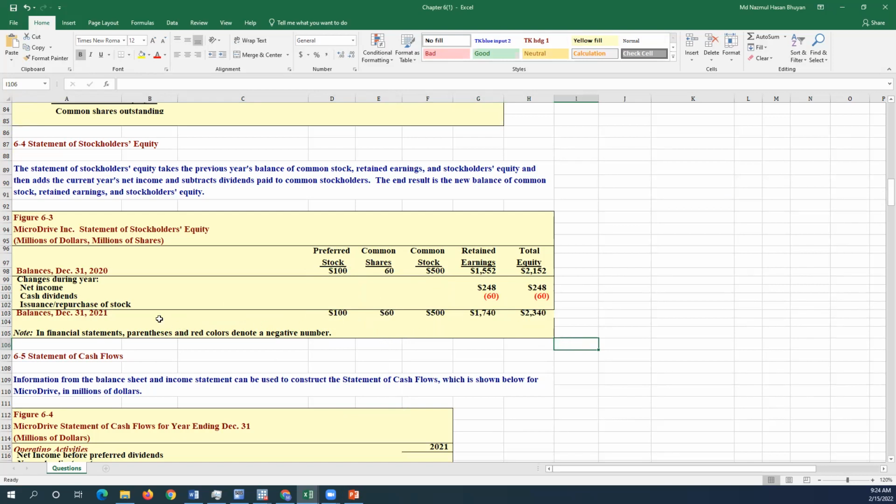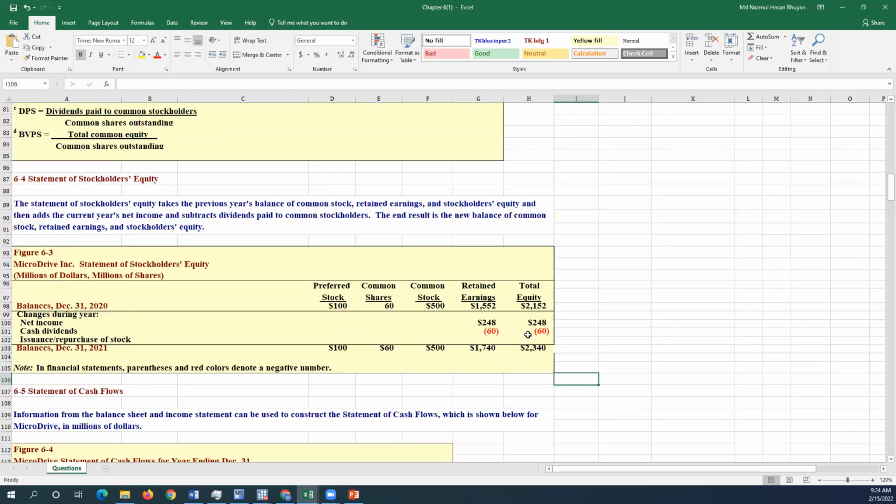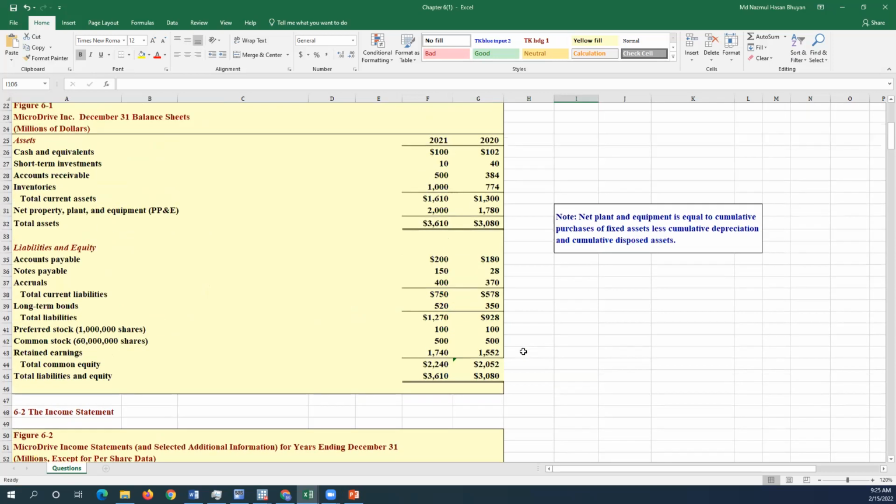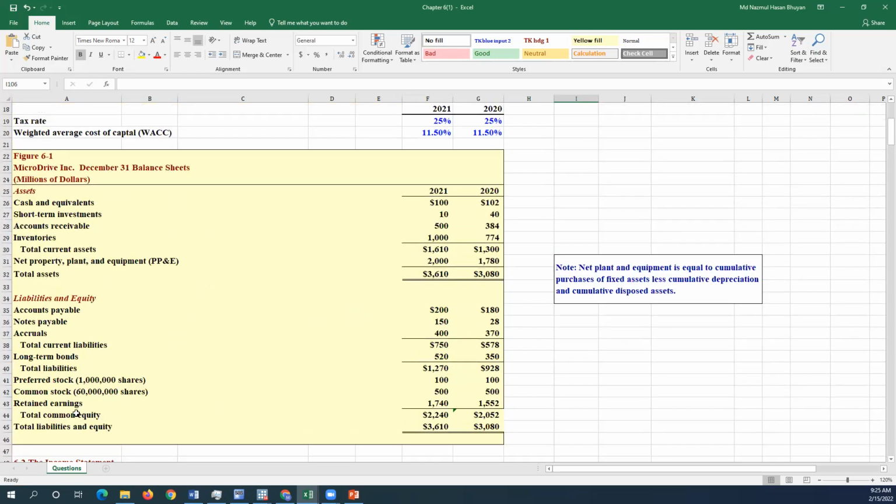Here you can see the balance of total equity at the end of year 2021 is 2340. Now let us match this value with the value reported for the total equity in the balance sheet. Total common equity at the end of year 2021 is 2240.